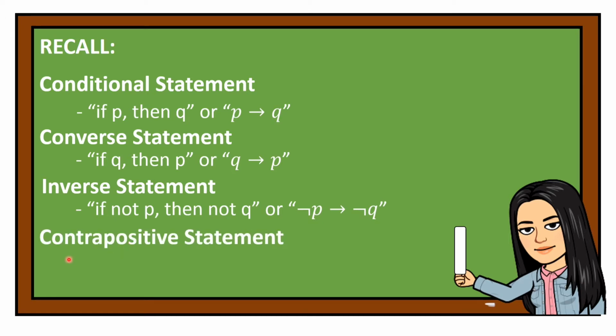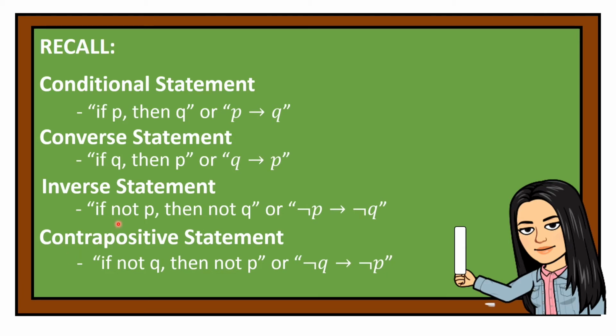Next, we have the contrapositive statement. The contrapositive statement is in the form, if not Q, then not P, or in symbols, not Q implies not P. The contrapositive statement switches the positions in our inverse statement.